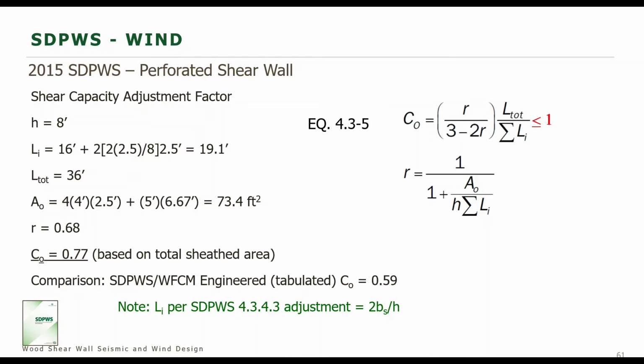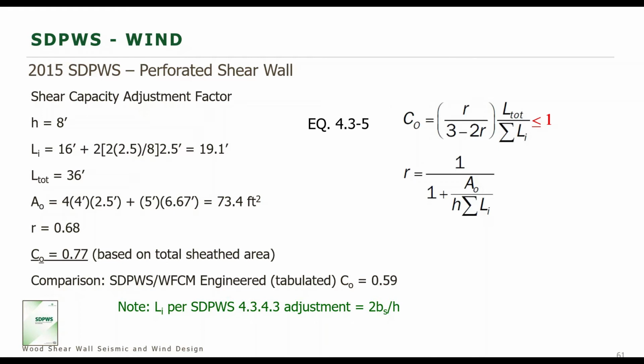If we wanted to do a perforated shear wall design, we're going to calculate a shear capacity adjustment factor, which is from equation 4.3-5, rather. So this is the C sub O that we used the table for in the previous example from the WFCM in the engineered approach. So the calculation of L sub I is the same.